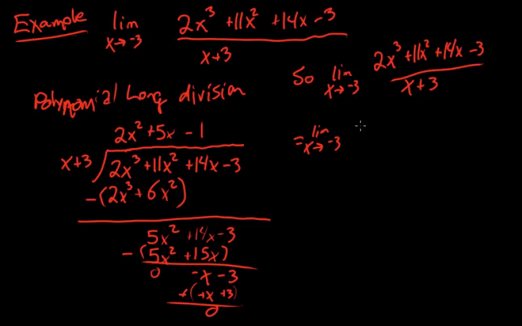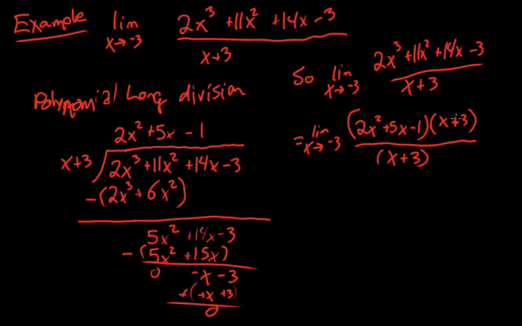So that is 2x squared plus 5x minus 1 times x plus 3. And all that is still divided by x plus 3. Which that's the same on the numerator and denominator, so we can cross that out. So we just plug in negative 3 into here to get our answer.